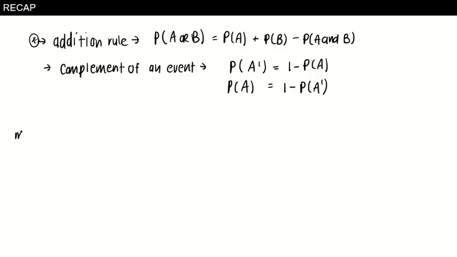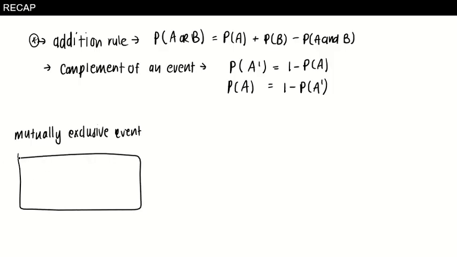Now, with the addition rule, we were also given different types of events. The first type of event we were studying is the mutually exclusive events. Now, what we need to know about mutually exclusive events is if I have a Venn diagram, that these events do not intersect with one another.